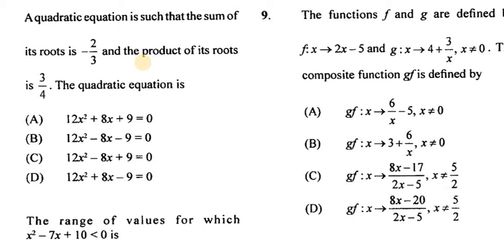The quadratic equation is given by, now let's see, the sum of the roots is given as alpha plus beta equal to negative 2/3, and the product of its roots, which is normally written as alpha beta, is equal to 3/4.